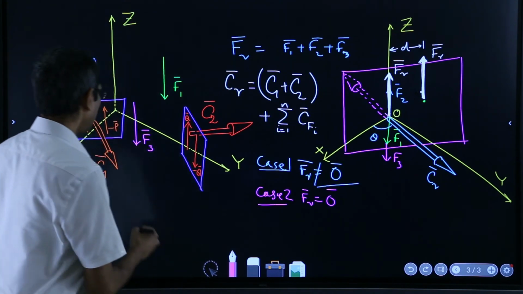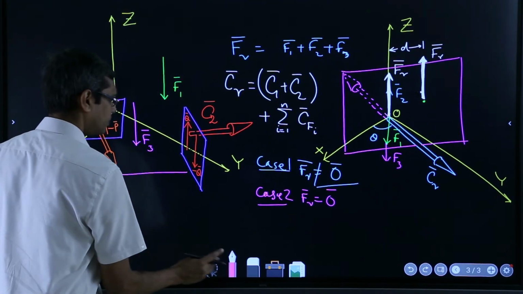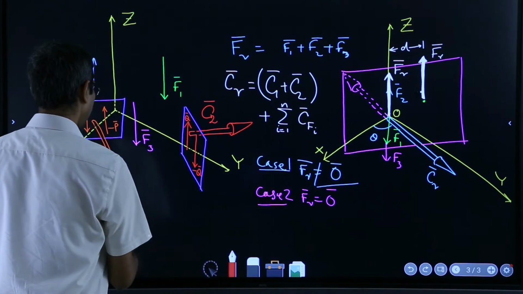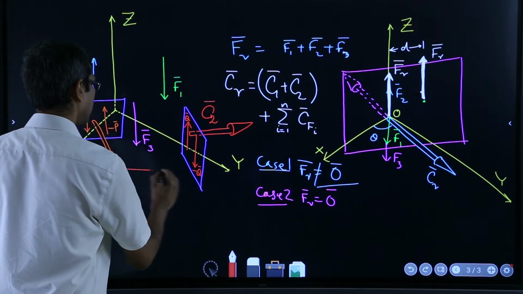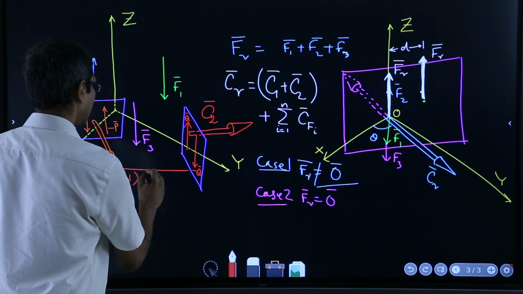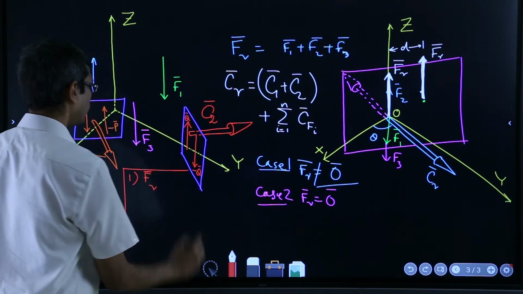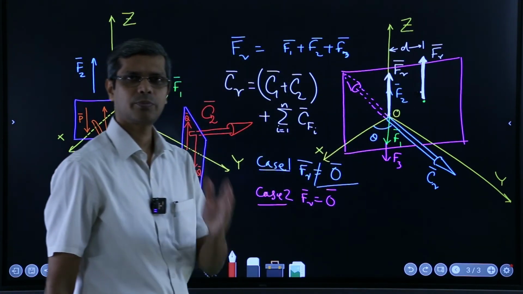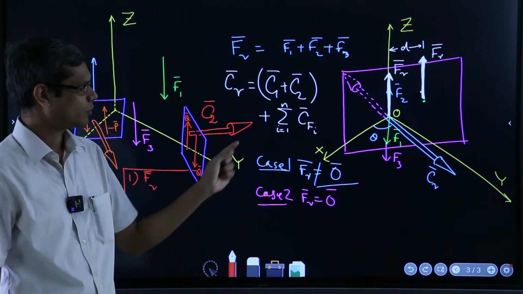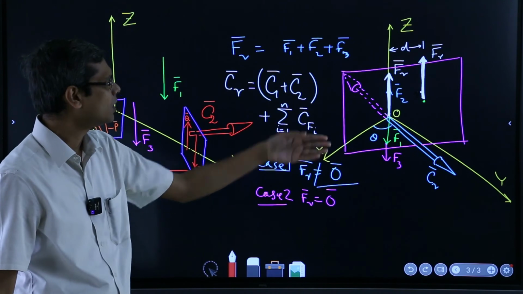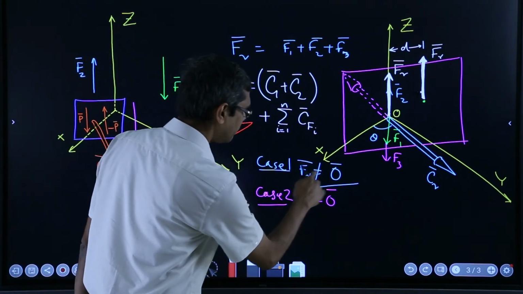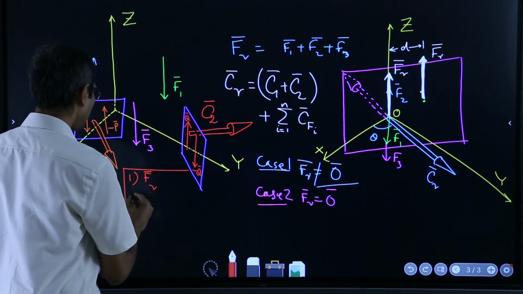So, again like in the previous case, we have three cases. One is we will be left with a single force Fr along a very specific line of action, which we have seen now how to get, and that will happen only when Fr is not equal to 0.